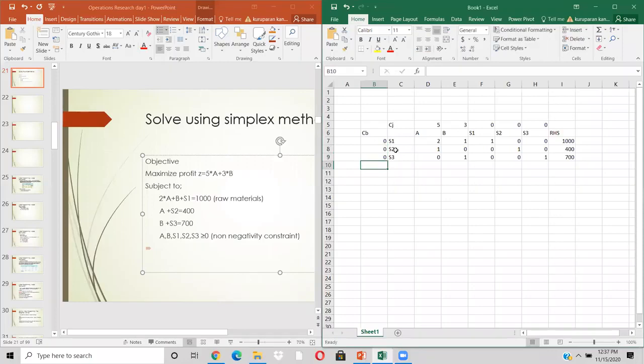Suppose a variable like A is basic, then what will be the CB? Suppose this is A, then this is 5.